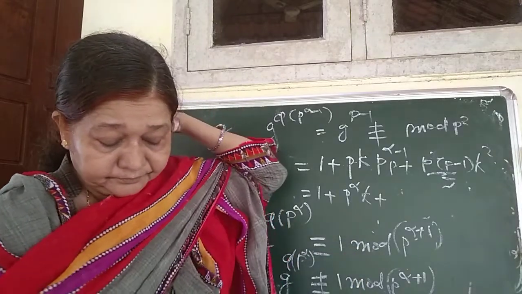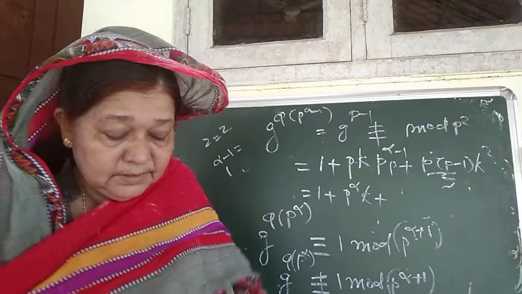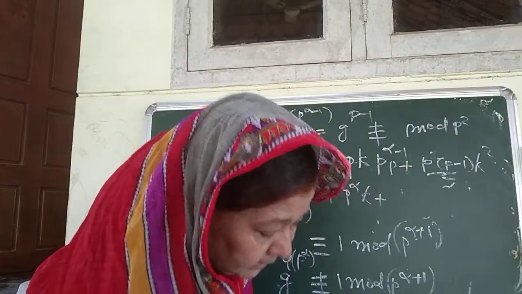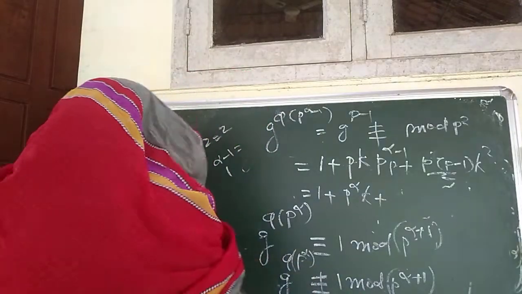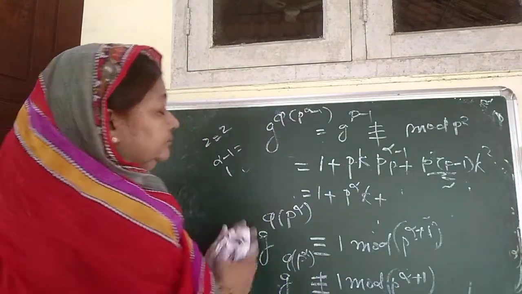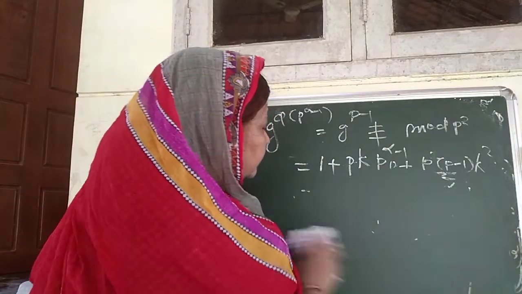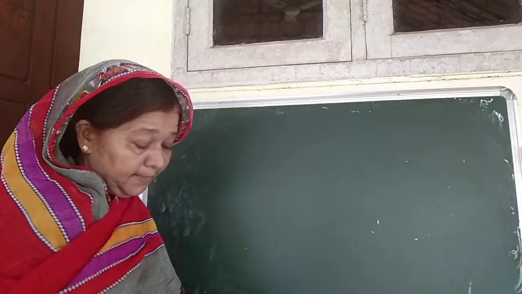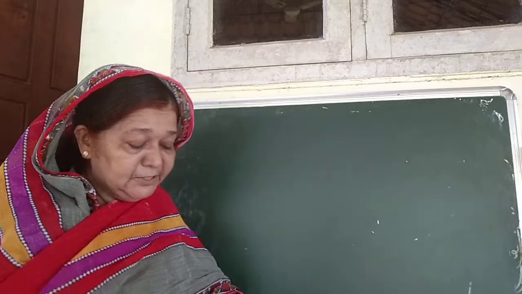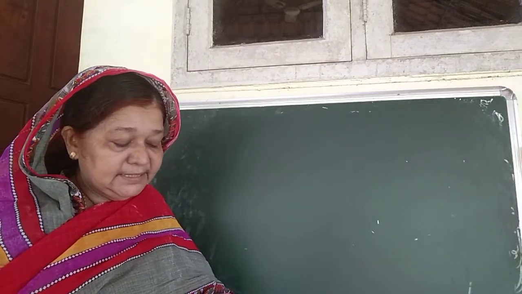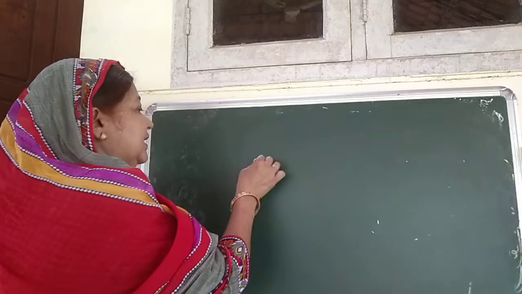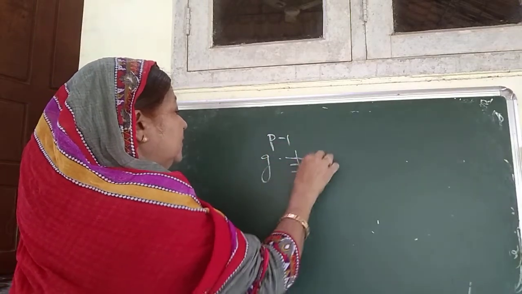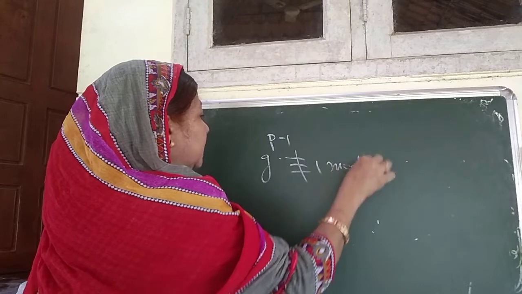Then we come on to the theorem. The theorem states, that is the existence of primitive roots modulo p raised to alpha, that let p be an odd prime and g is a primitive root such that g raised to p minus 1 is not congruent to 1 mod p square.